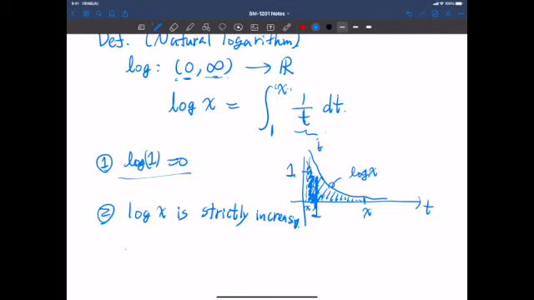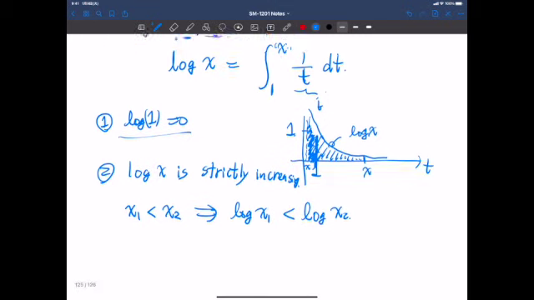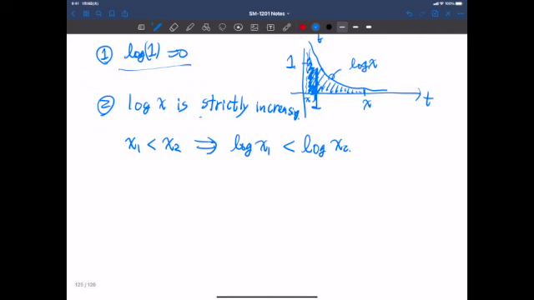So this means if x1 is less than x2, then log of x1 is less than log of x2. We say strictly.